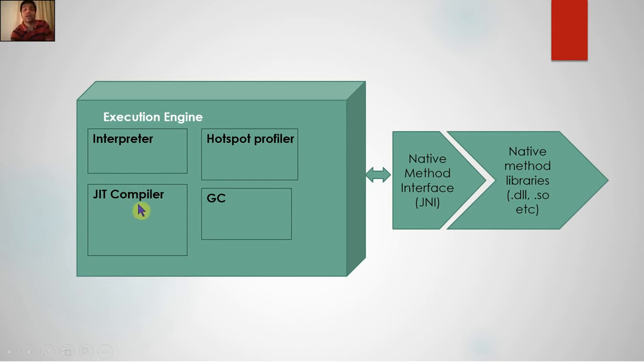There is a lot of optimization in the execution engine. Java is nowadays very fast, so nobody should be worried about its performance. For example, suppose we have a certain set of instructions that are executed repeatedly all the time. Those will not be interpreted again and again.